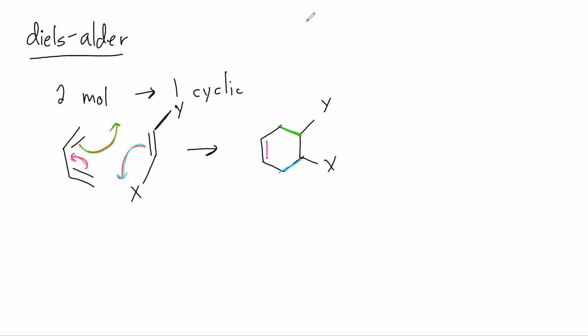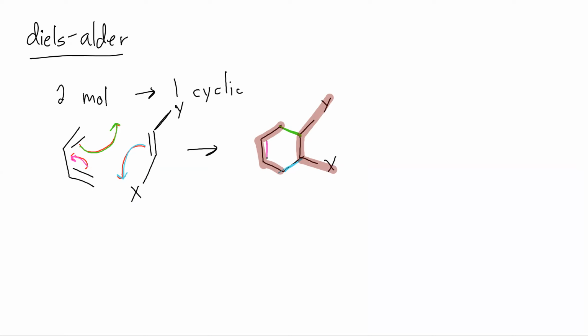We can see that the original molecules from our reactants are here and here. We can see what happened is the pi electrons sort of unfolded to make two new sigma bonds and make our cyclic compound.